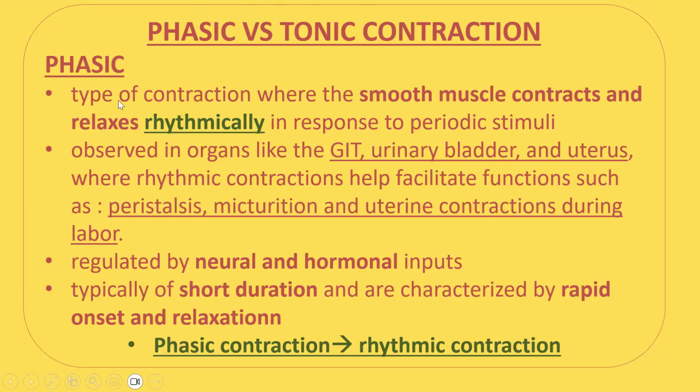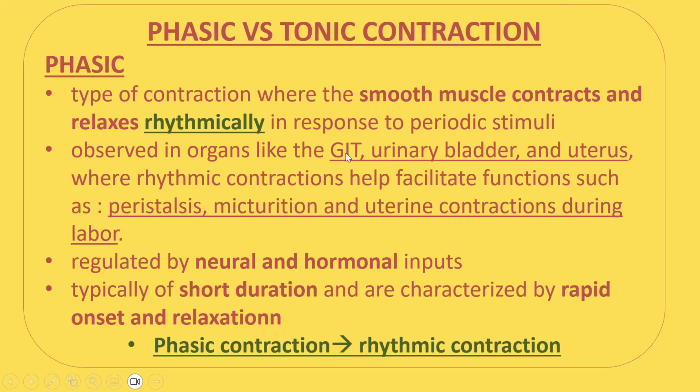The phasic contraction of the muscle is in phases, in rhythms. It's a synchronized contraction in waves. This is basically the idea of it. The phasic contraction is a rhythmic contraction, and it helps us because in the small intestines, the GIT, the urinary bladder, and the uterus, we want these rhythmic contractions, and it helps the function.